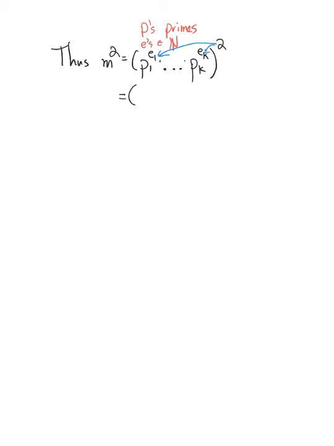So we have p1 to the 2 times e1 times p2 to the 2 times e2 all the way to pk to the 2 times ek. And remember, that's n. So we've shown that n can be written as a prime factorization where all the powers are even.